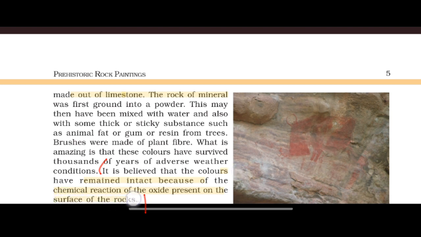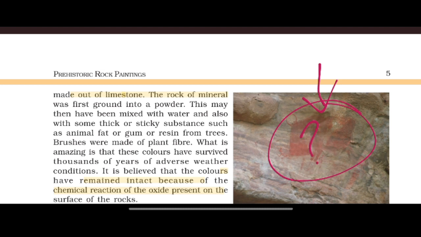Now, if you see this picture, you might have a question in your mind: how have these pictures survived for so many years? Because nowadays, if we draw something on a sheet and just pour some water, it's gone. But how are these surviving?